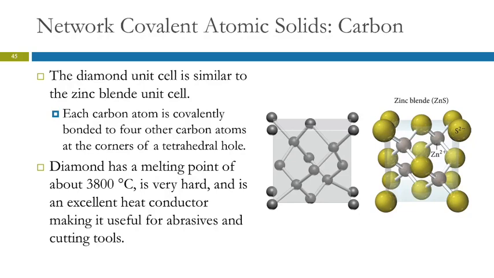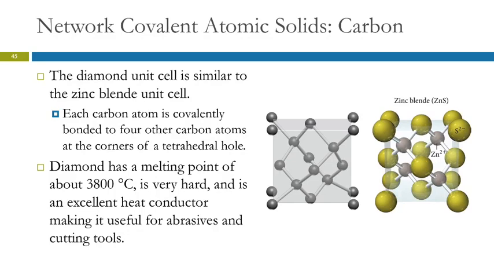Diamonds have very high melting points, 3,800 degrees Celsius. Diamonds are very hard, and so they make an excellent cutting tool. I mean, they're very pretty on your finger as well, but they make an excellent cutting tool or an abrasive, because when you cut something with a circular saw, or when you're polishing something, there's a lot of friction and heat builds up, right?